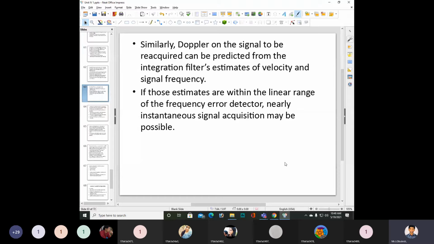So if those estimates, where we are estimating the velocity and signal frequency, are within the linear range of the frequency error detector, then nearly instantaneous signal acquisition may be possible.